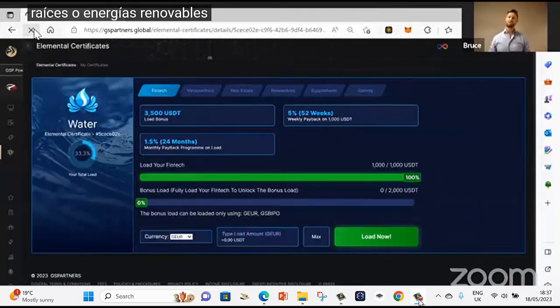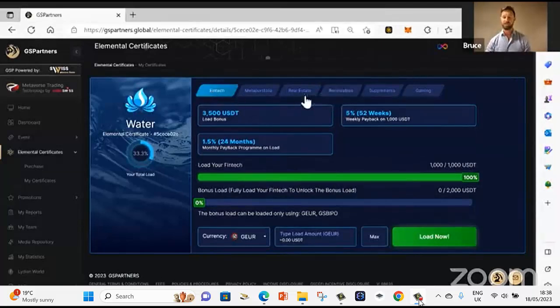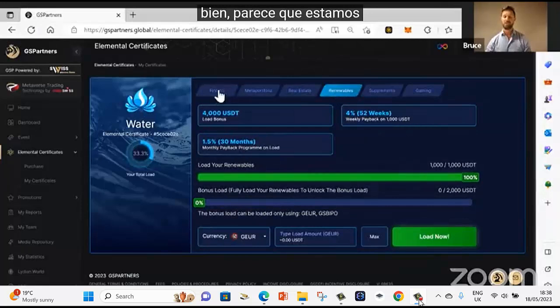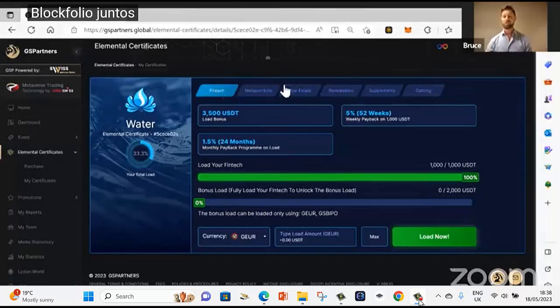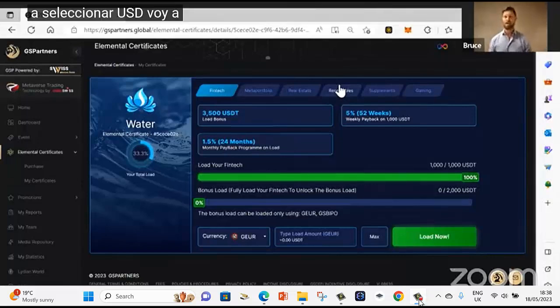So in other words, I'm taking advantage of both the weekly payback programs inside renewables and fintech, and I'm taking advantage of the monthly programs inside of each of these to get value. I can go through each of these, choose the ones that I like best. I can add more load, and I can choose to receive more value over time.